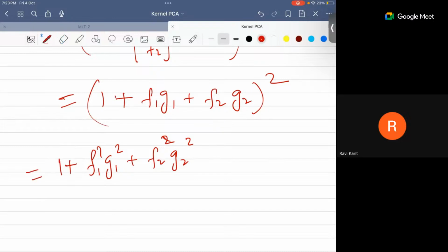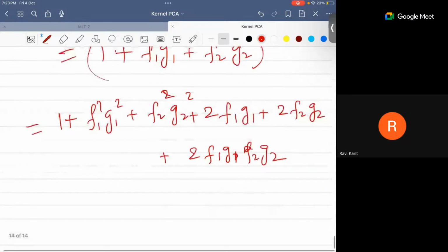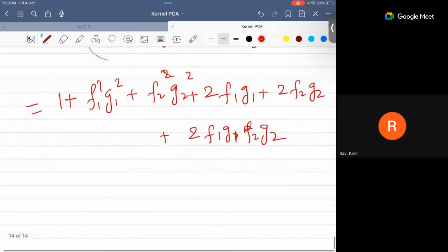Then 2 times f1 g1 plus 2 times f2 g2, and then 2 times f1 g1 f2 g2, correct? So what is the dimension of this, and how will it help us?